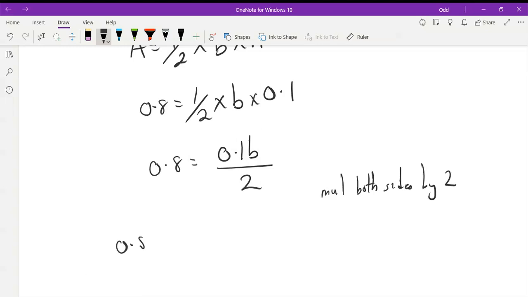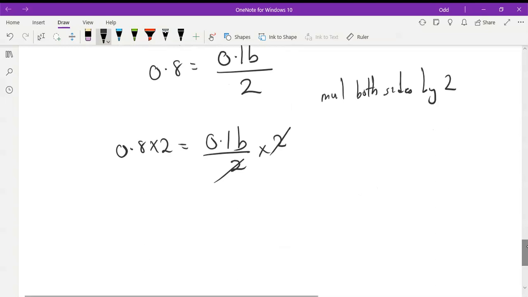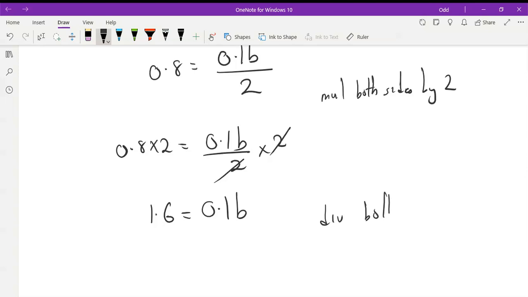That will be 0.8 times 2 is equal to 0.1b over 2 times 2. This cancels, and 0.8 times 2 will be 1.6. So 1.6 is equal to 0.1b. We just want b to be alone, so we're going to divide both sides by 0.1.